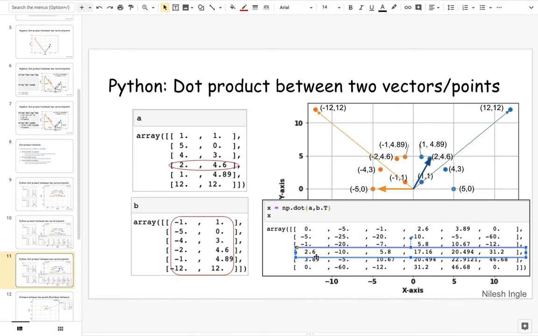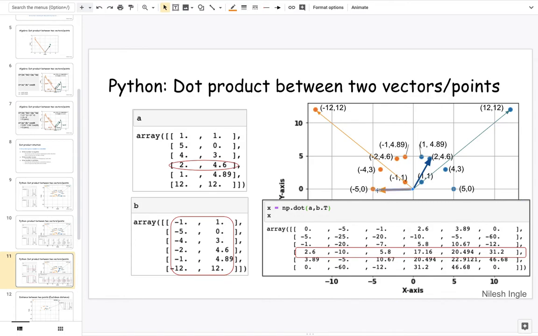Here with 1 1, which is right here, the values are positive. It means that those two vectors could be moving in somewhat similar direction, whereas the values for 5 minus 5 0 are negative. So this is a much more obtuse angle between those two vectors, so they are likely moving in different directions.